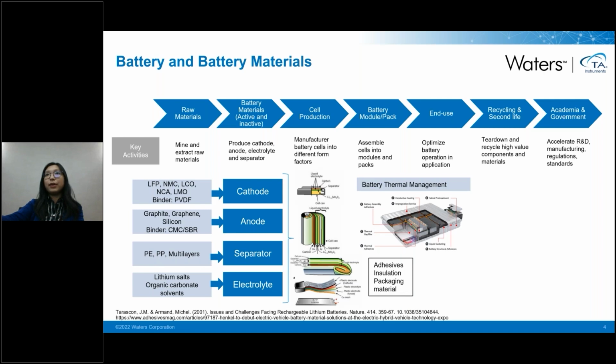For example, in the EV market, it will also add a battery thermal management system. It will be combined with different adhesive insulators to prevent thermal transfer between cell to cell or within the cell. And it also includes all other packaging material to package into different module packs. So it will be shipped to end use, such as in the automobile, consumer electronics, or a medical device.